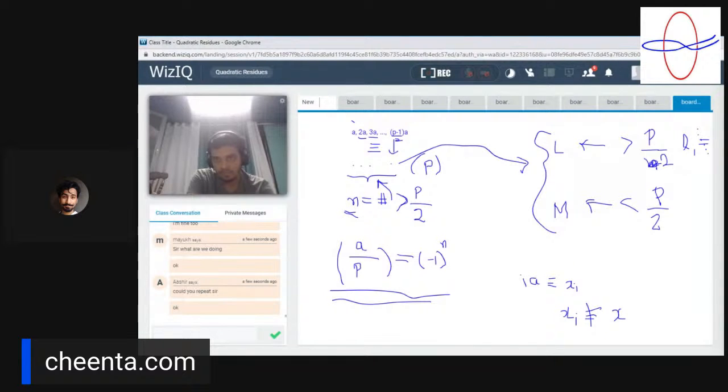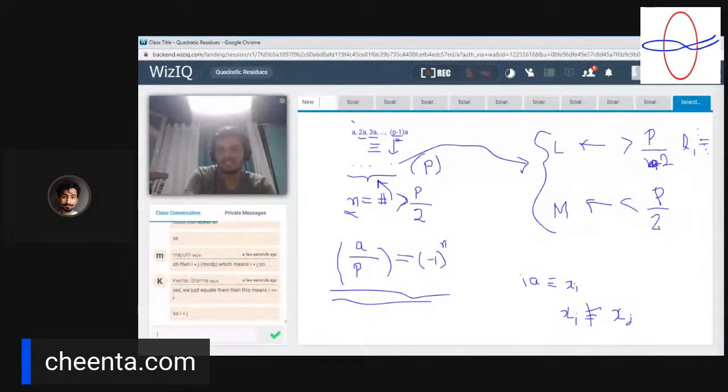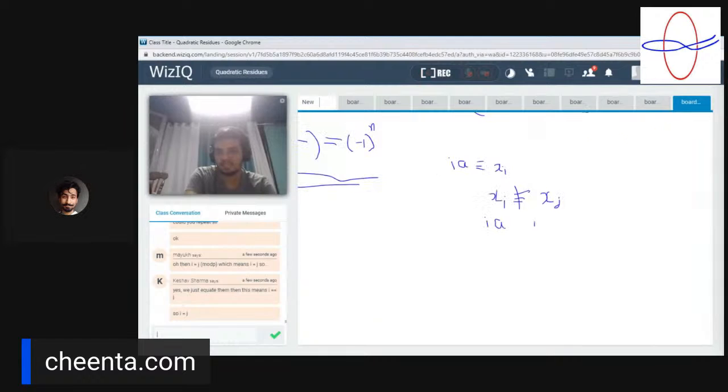So ia is congruent to xi, so you can just write this as ia and ja.